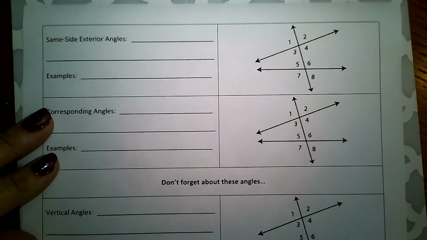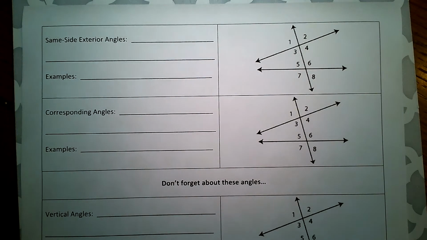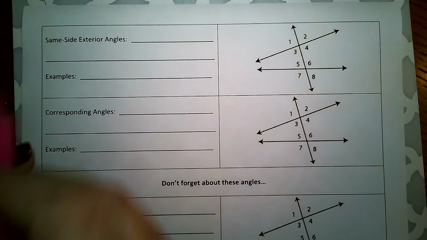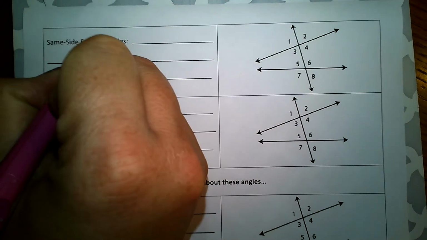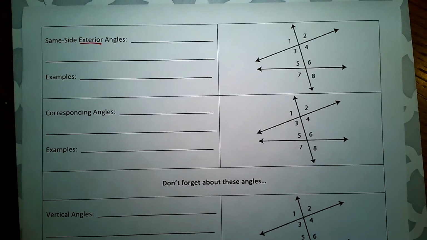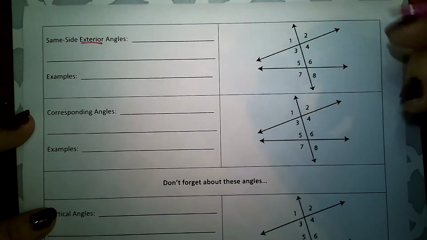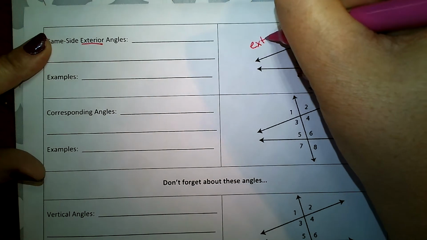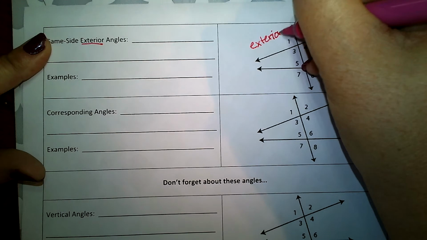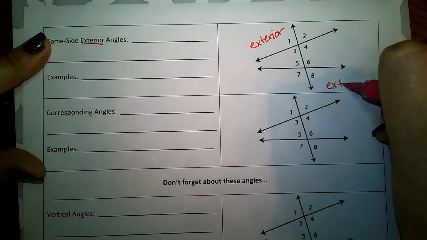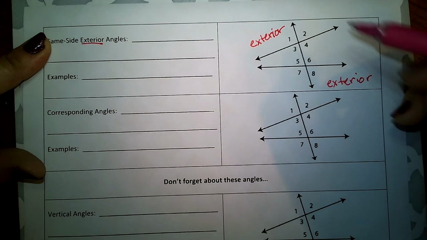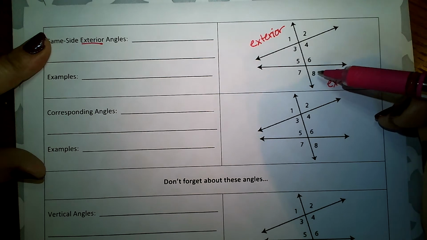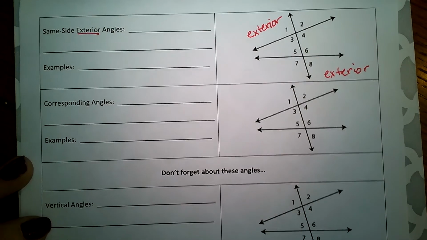Okay. Our next angle pair is called same side exterior angles. Well, we already had same side interior angles, so let's see if we can use some of the same information. First of all, exterior is this space out here outside of the two horizontal lines. So again, we're looking at angles 1, 2, 7, and 8. Those are exterior angles.